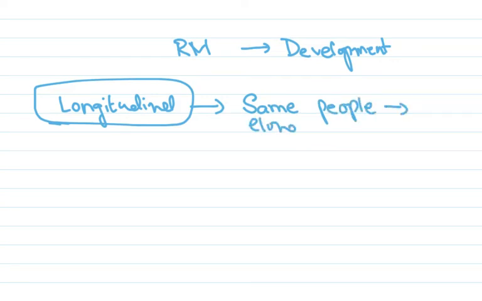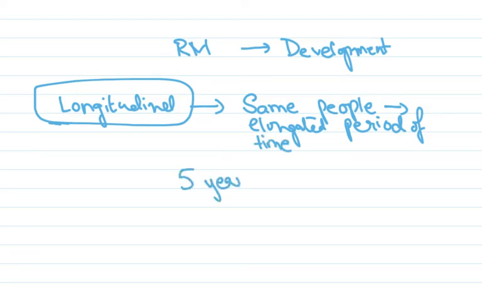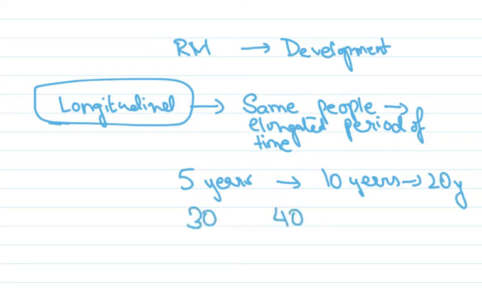So let's suppose you studied a group of individuals when they were 5 years old, then when they were 10 years old, then 20, then 30, then 40. So it's the same group of individuals and you're studying them at different ages.